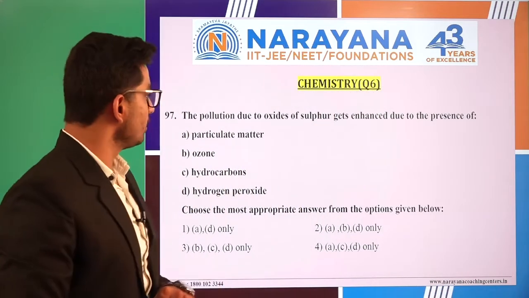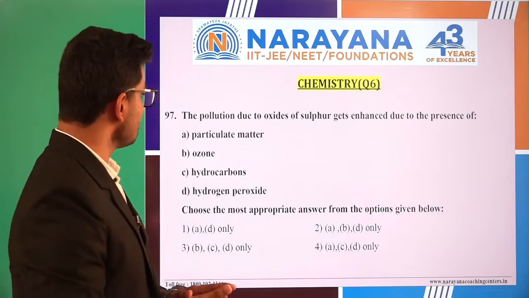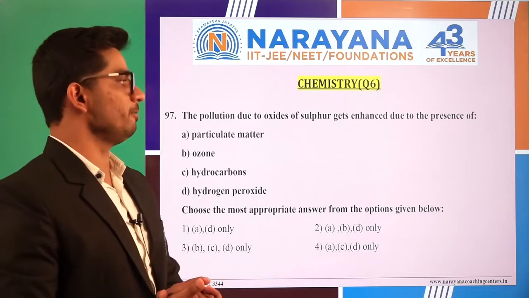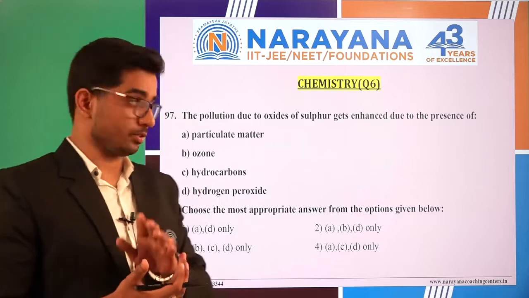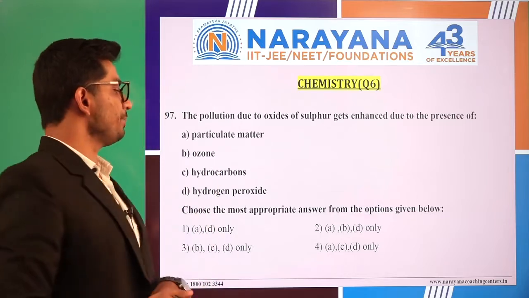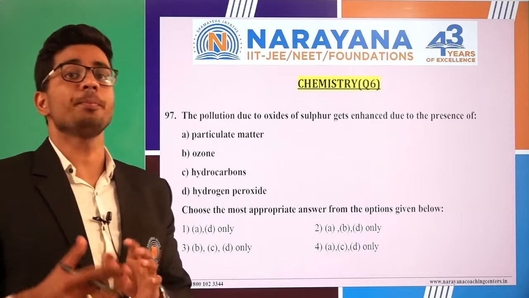Next question is from the environmental chemistry part. The pollution due to oxides of sulfur gets enhanced due to the presence of, and the options are particulate matter, ozone, hydrocarbons and hydrogen peroxide.